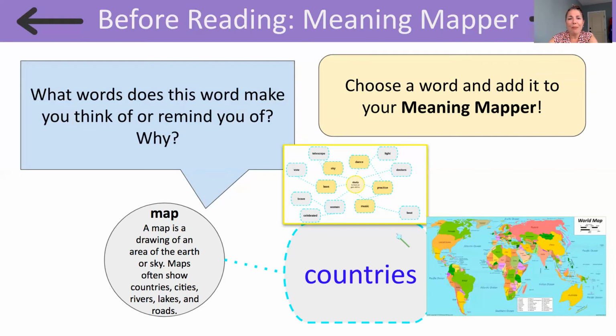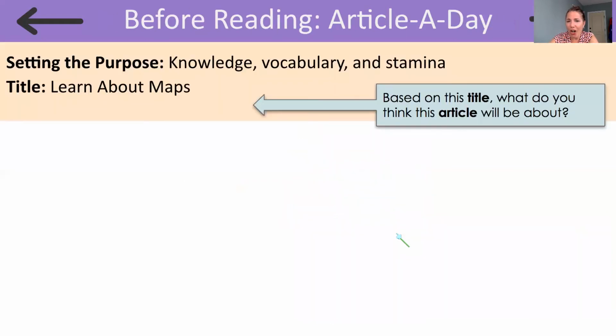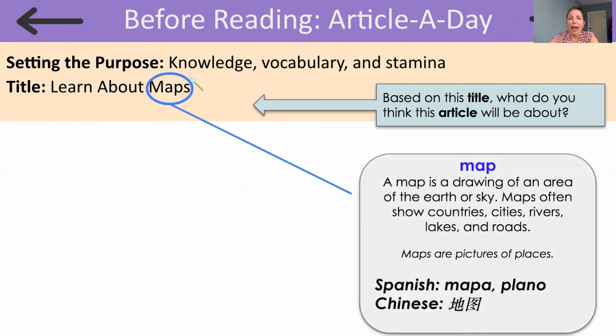So readers, we are going to be reading an article today titled Learn About Maps. When I read that title to you, what do you think this article will be about? So I was thinking about our focus word map is in the title. And remember, a map is a drawing of an area of the earth or sky.